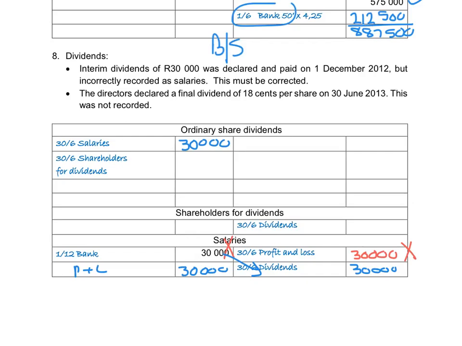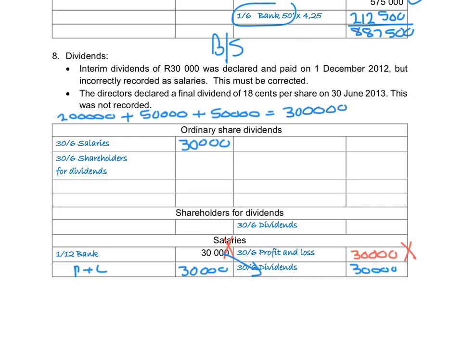The directors declared a final dividend of 18 cents per share. Okay, now we have to look and see how many shares were already issued. We had 200,000 at the beginning of the year that was issued in previous years. Then we issued 50,000 at the beginning of the year, and we issued 50,000 at the end of the year, giving me 300,000 shares.